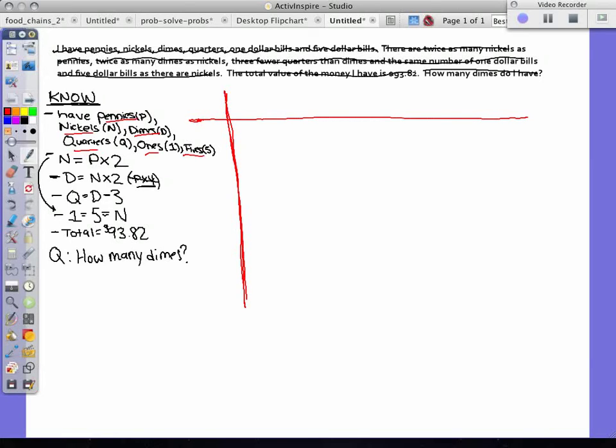So instead of dividing or subtracting, I like to try to think about what's the smallest one. Well, in this case, it's pennies, because the nickels are the pennies times 2. So I'm going to put nickels in the next category. And then I'm going to put my 1s and 5s because those are the same as the nickels.